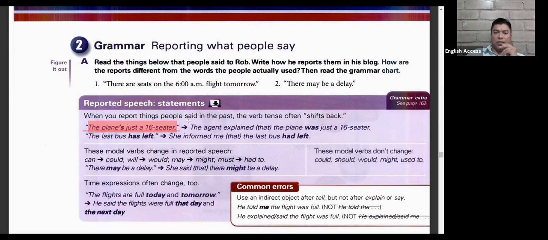It was the agent. What did the agent do? The agent explained that the plane was just a 16-seater, in the past.